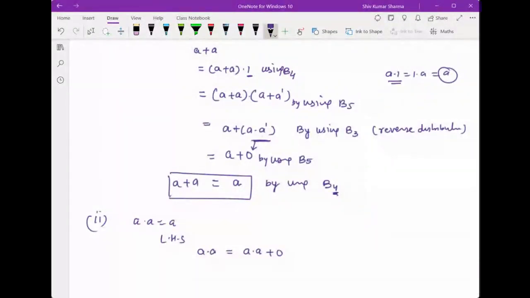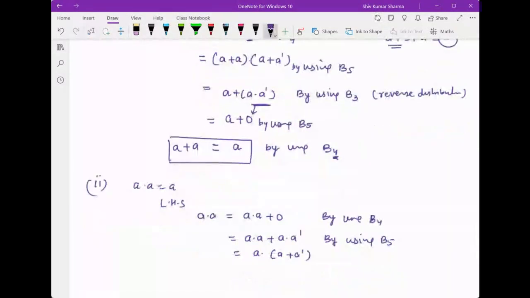by using B4. This 0 we can write as A into A complement, by using B5. And again we use the distributive, so we can write A into A plus A complement, by using B3.